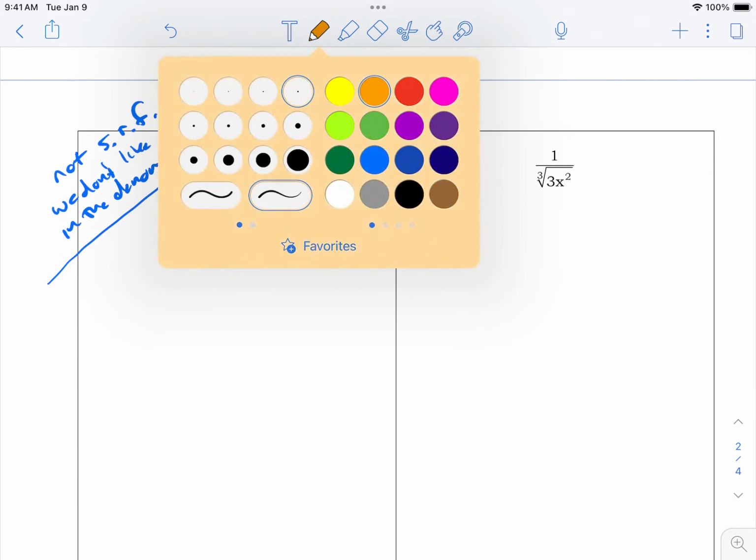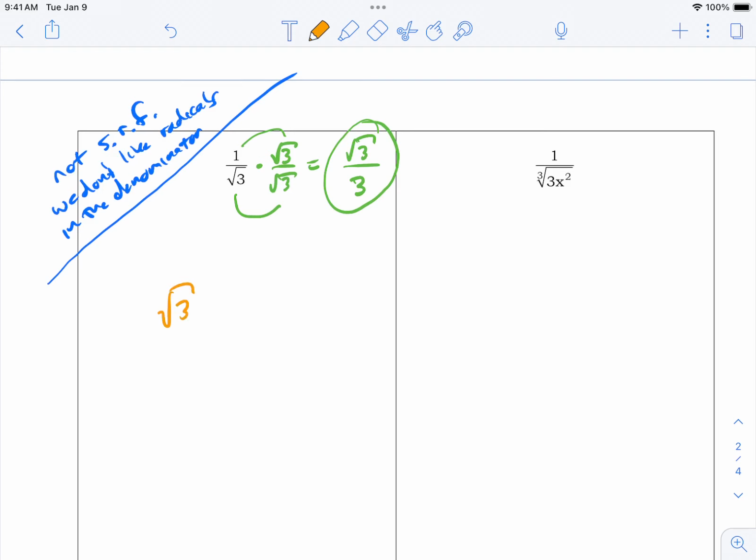If you need to think about that, what is root 3 times root 3? It's the same thing as root 9, right? 3 times 3 is 9. And root 9 is 3. So this is a shortcut you can take whenever you have a square root repeating itself like this. Root 3 times root 3 is just 3. Cool.